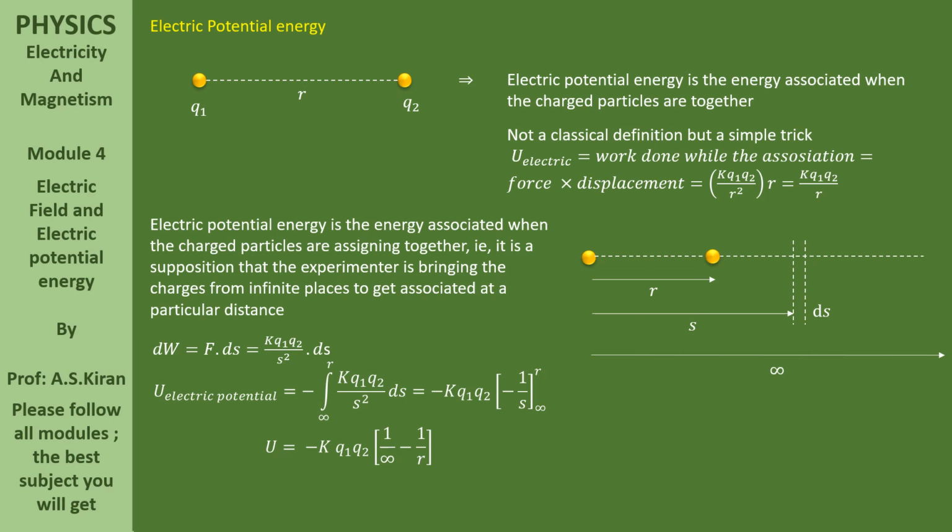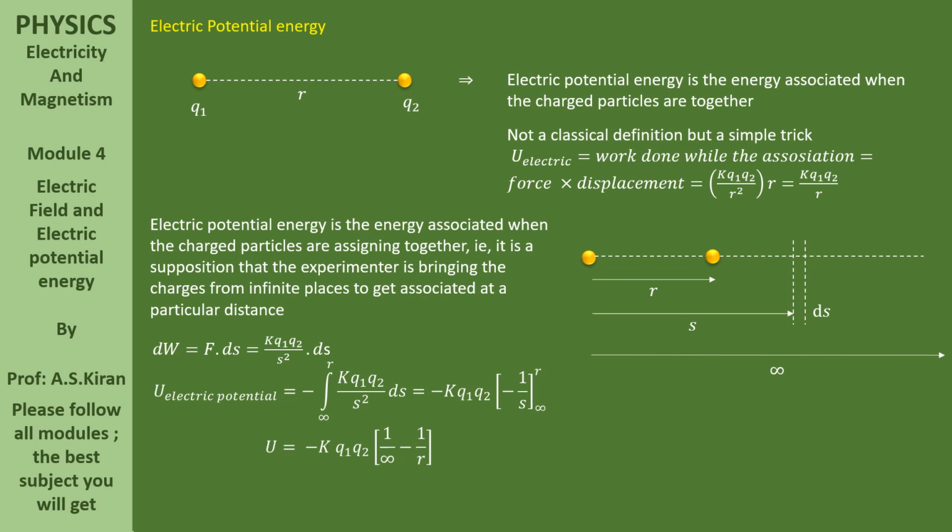Now, applying the limits, usually what do we do? Upper limit minus lower limit. But here inside the bracket there is the term minus 1 by s. Eliminating this minus sign, you can apply lower limit minus upper limit.